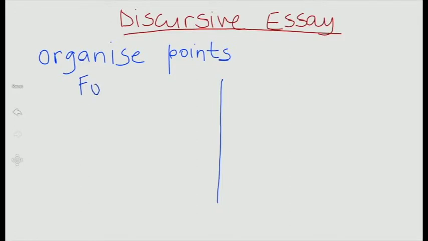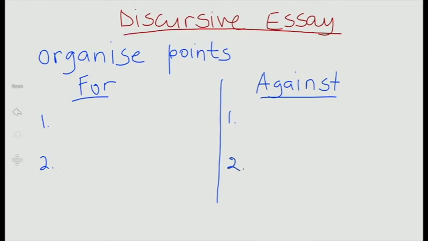We've got the points for and those that are against. These two should be balanced. So make sure that if you've got point 1, then you'll have another one here. And then you've got point 2, you're going to have another point number 2 that is against. And for point number 3, you're going to have another point number 3 against. So it should be a balanced organization of the points.